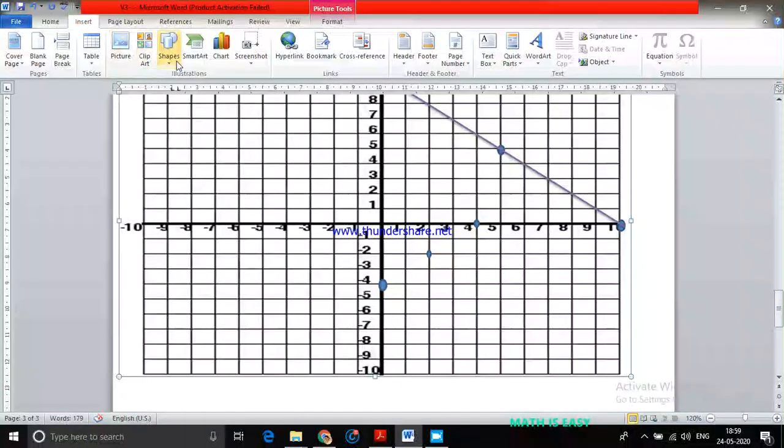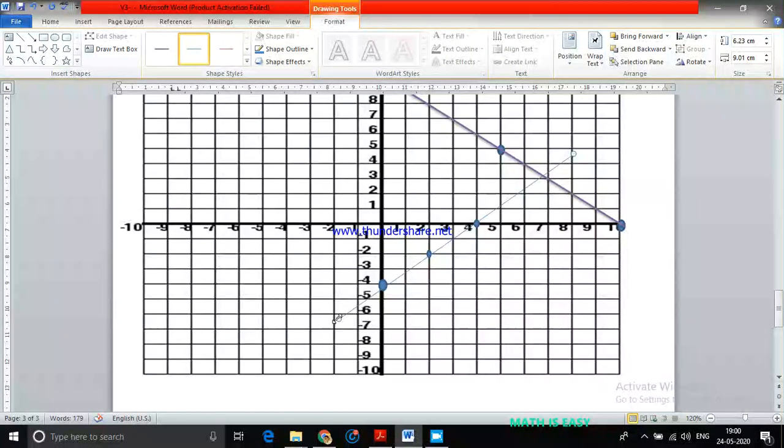Now I have to draw a straight line which passes through all these points. This one, this one, this one. Okay, the line is passing through all the 3 points, and we'll give it a color.